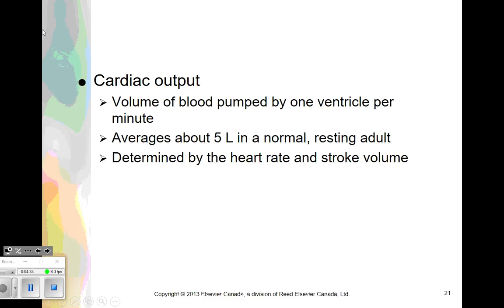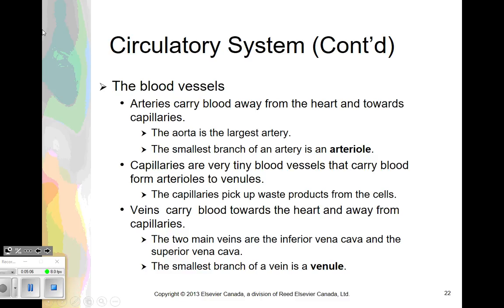Stroke volume is something they talk about. With every contraction, your heart will push out a certain amount of blood. If your heart is stronger, if you're more fit, it might push out more. Or if you have heart damage, it might push out less. We'll talk about coronary artery disease and heart failure. In heart failure, your heart's not as strong, not as efficient, so it's going to pump out less blood in one go.